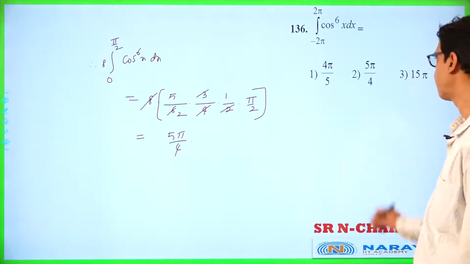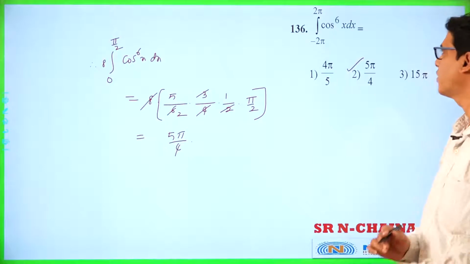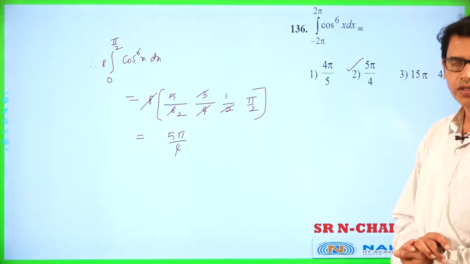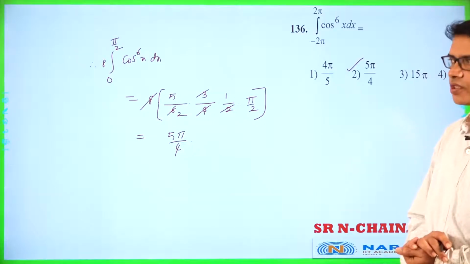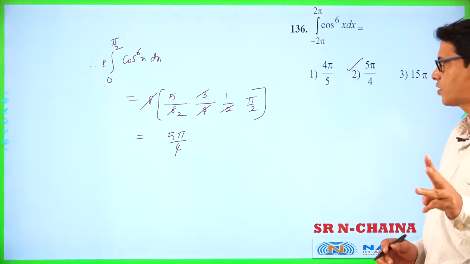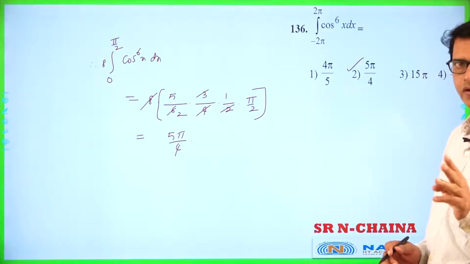Right? 5 pi by 4. You must be thorough with the formulas, right? Here we applied 3 formulas. Okay, next one.